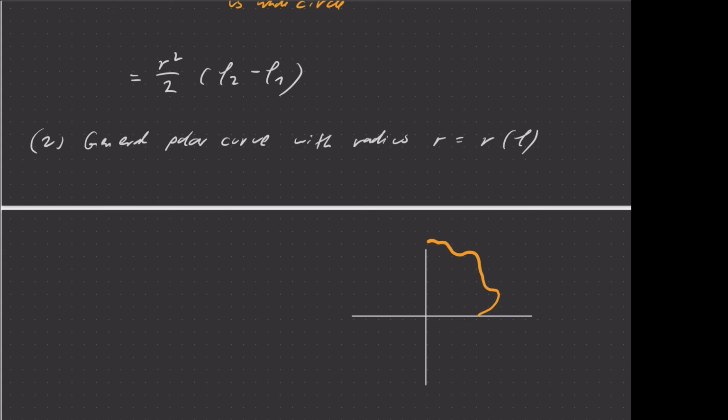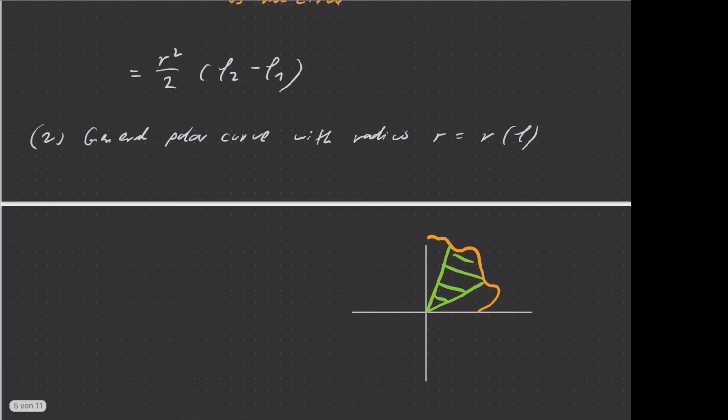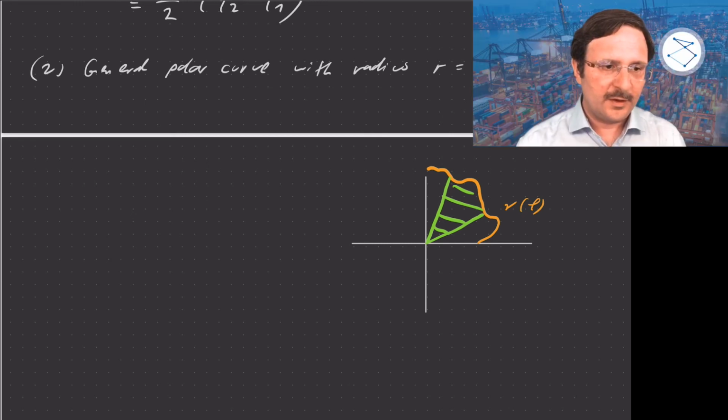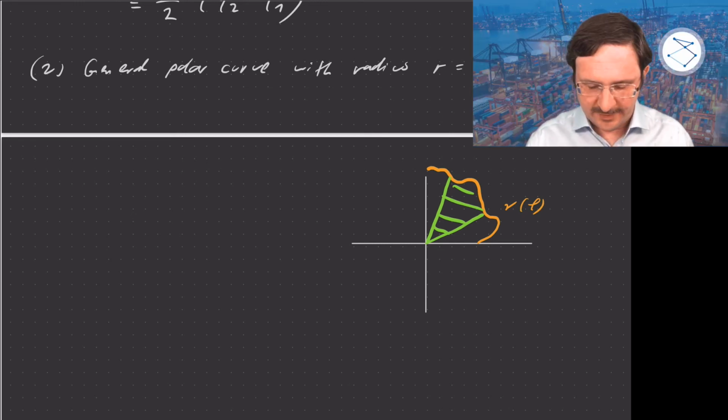And we want the area between these two angles here. So that area is the one that we're interested in. And that here is the function r of phi. Now what can we do to compute that area?